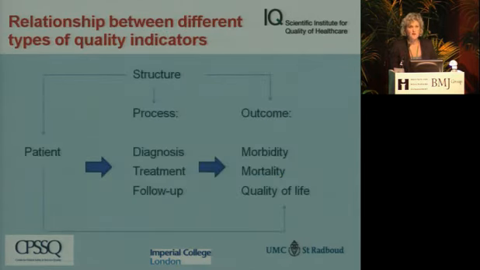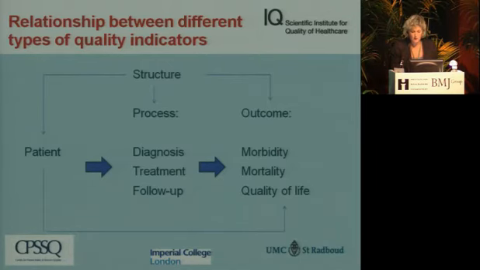And this figure gives an overview of the relationship between different types of quality indicators. As you can see, the patient enters the care process, and there he or she receives a diagnosis, a treatment, or follow-up. And these actions end in morbidity, mortality, or quality of life.